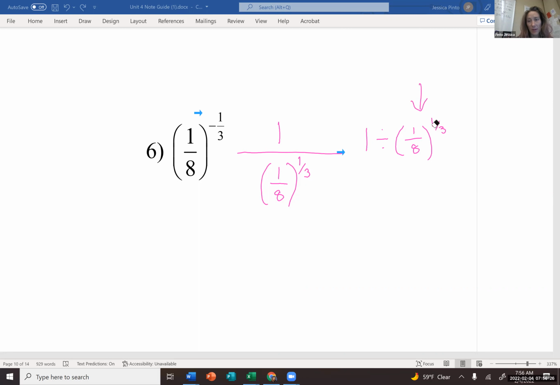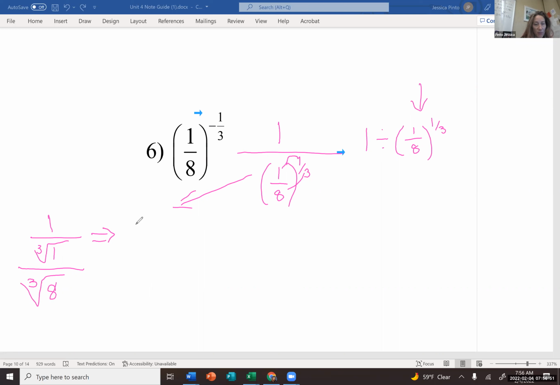So going back on what I said, this is what I'm going to do next. This is coming over here, 1 over the third root of 1 divided by the third root of 8. Okay, so I have distributed the exponent to both the top and the bottom of the fraction.